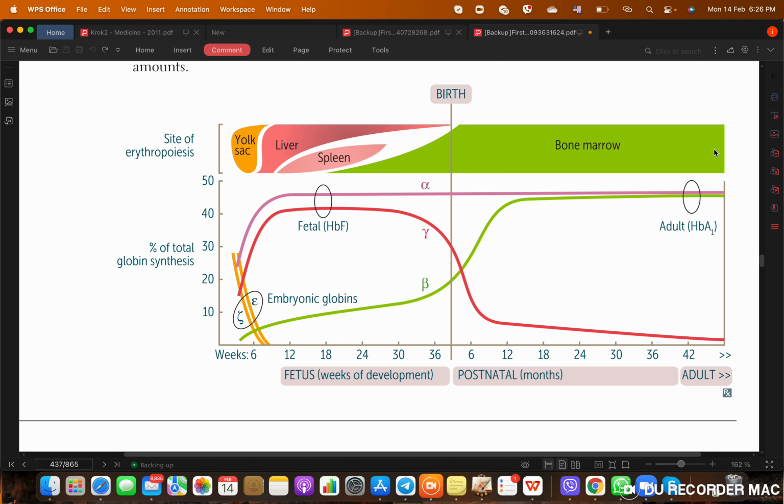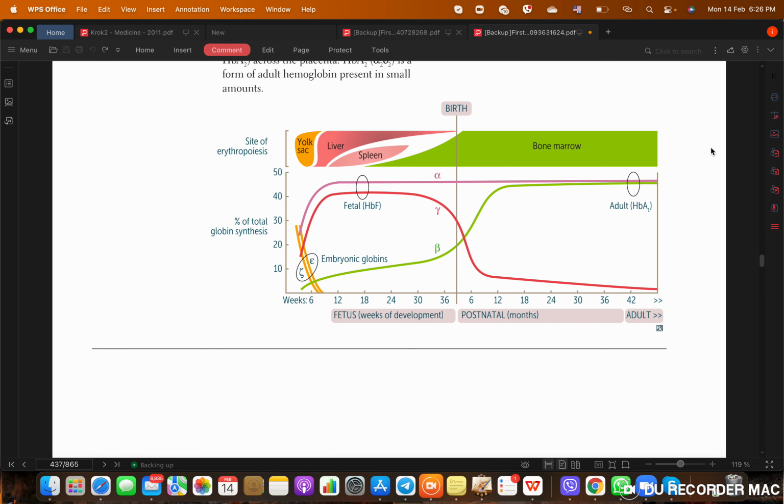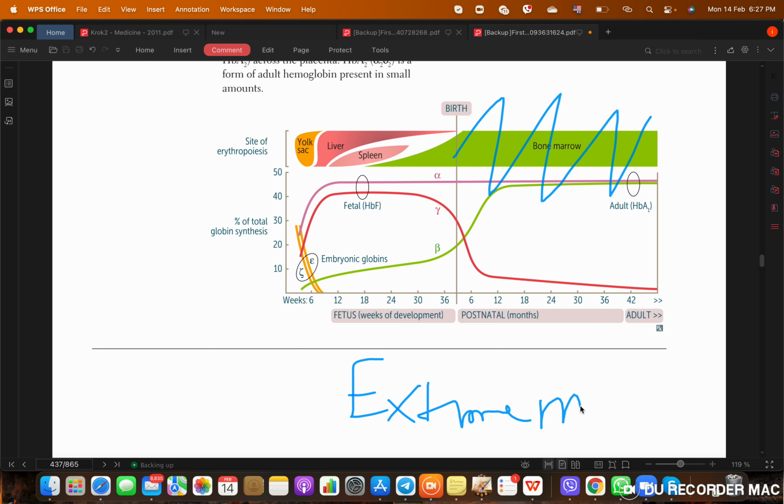You are like, okay, I see that physiologically this story is kind of interesting. Which organ produces this, which organ produces that? But what is the clinical significance of this? I will tell you. In case for some reason, let's say leukemia or any other disease, the bone marrow is not working sufficiently, which organs are going to start to do extramedullary hematopoiesis?